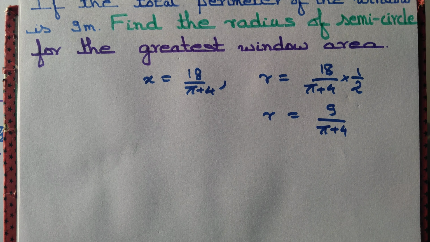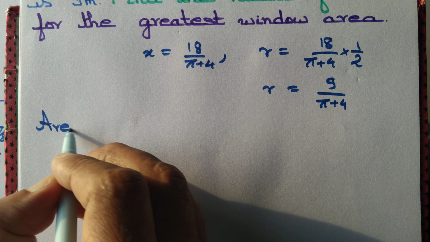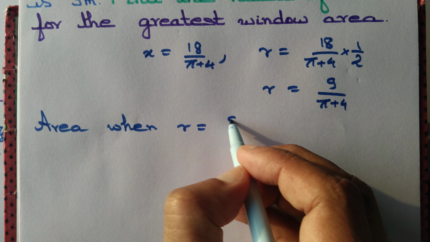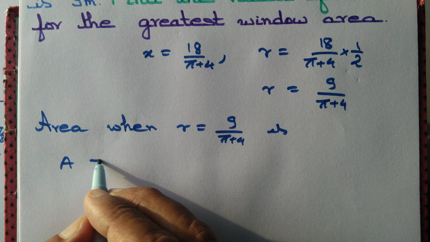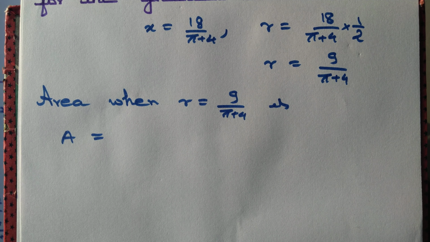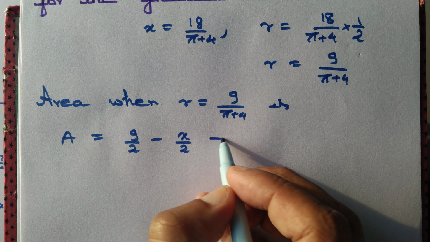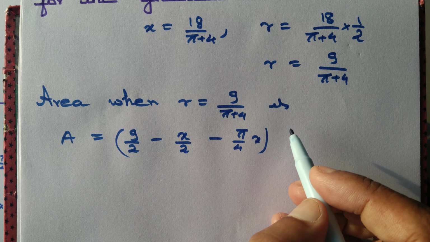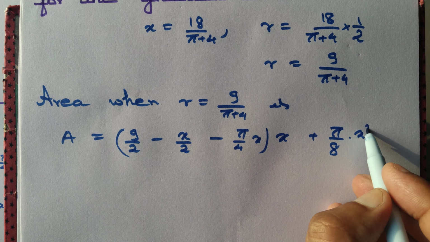Now let's find the greatest area as well. So the area when r equals 9/(pi + 4) is A equals, let's write the formula, (9/2 minus x/2 minus (pi/4)x) times x plus (pi/8) times x squared.